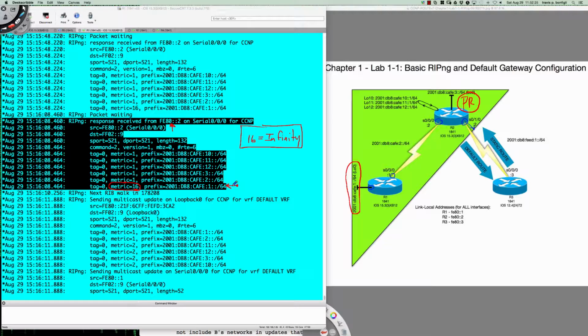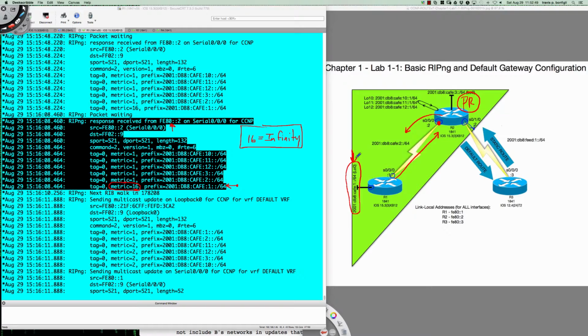And remember, split horizon says if router 1 sends the update for this loopback address and router 2 learns it through this interface, then when I advertise back, I'm just simply going to omit this route, right? That's split horizon.